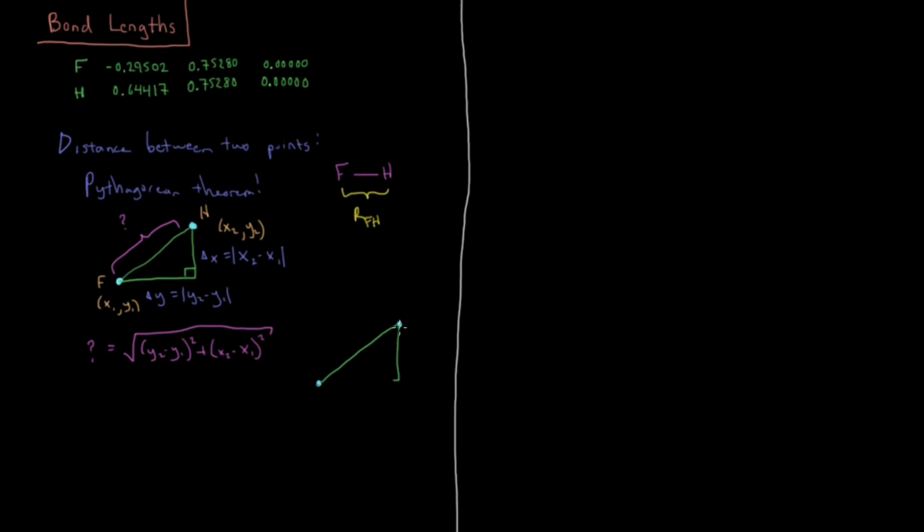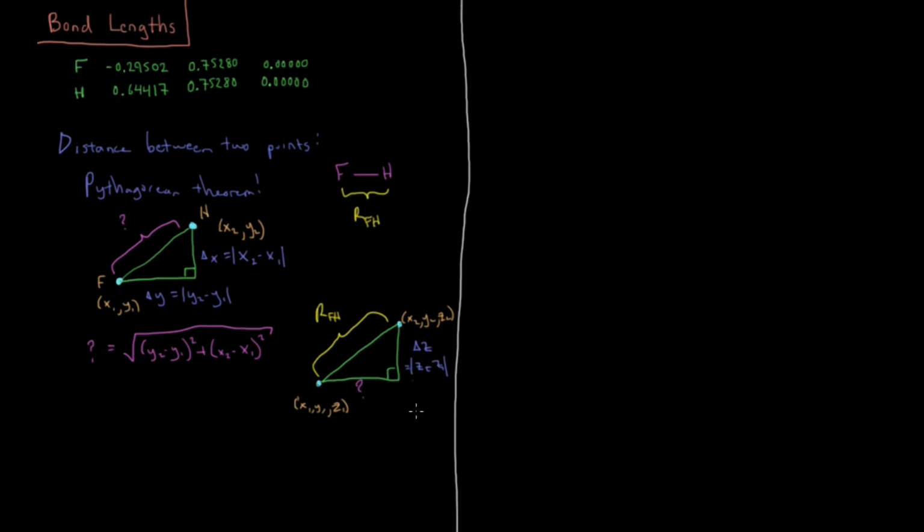Now our distance along the hypotenuse is going to be r, RFH. This distance down here is the one we defined there. And then we have the actual points, x1, y1, z1, and x2, y2, z2. So this height here on our triangle is delta z, which equals absolute value of z2 minus z1.